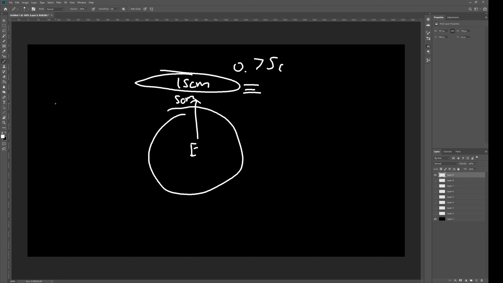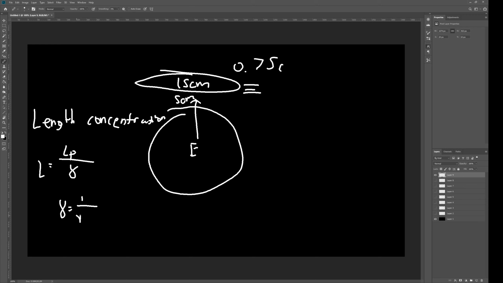This equation for length contraction is pretty similar to the time dilation one. I'm going to write it out real quickly, where length is equal to L_P over this goofy little symbol, where the symbol is equal to 1 over the square root of 1 minus v squared over c squared.